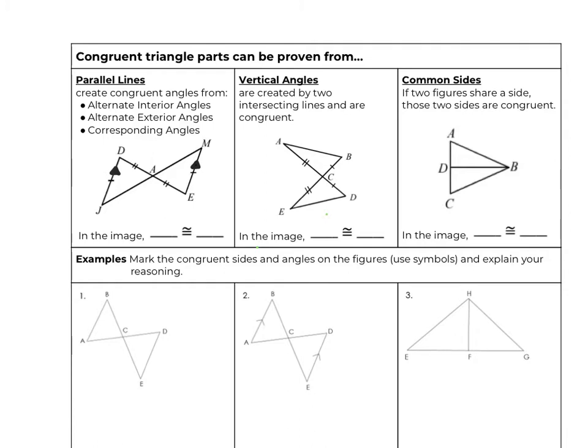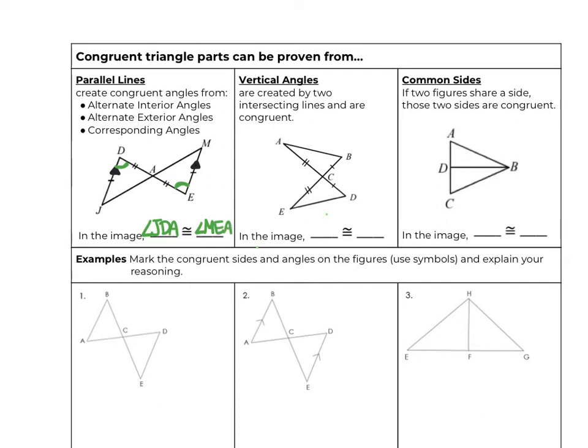So in this case, I could do angle JDA, it's right there, and is congruent to angle, and I could name that a couple ways. I could say MEA, that would work.